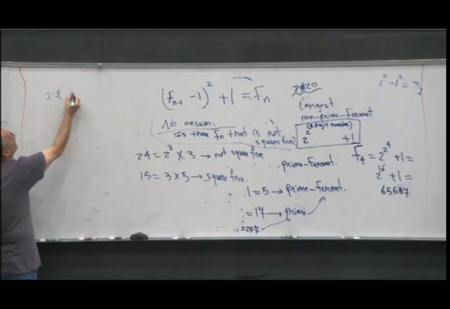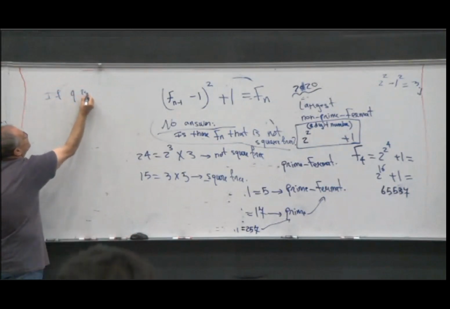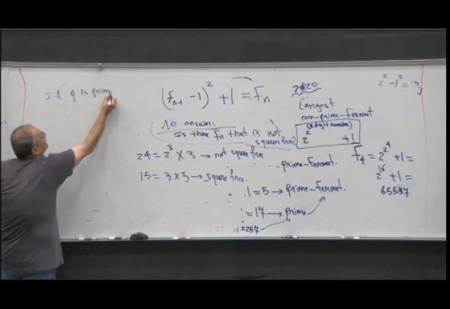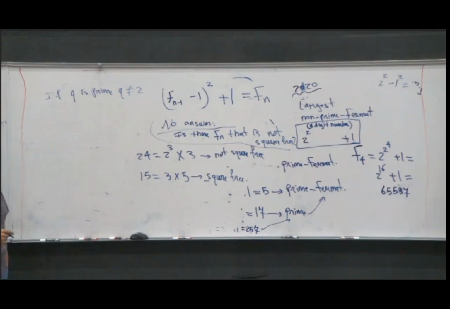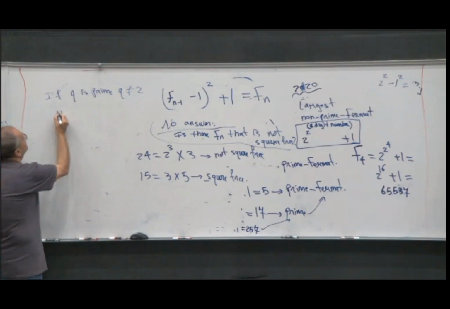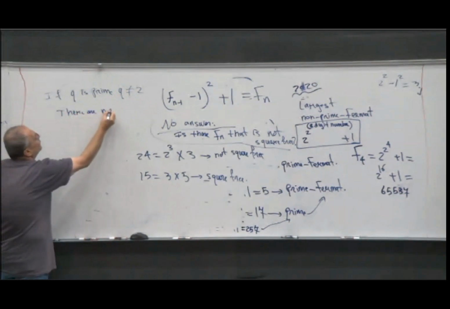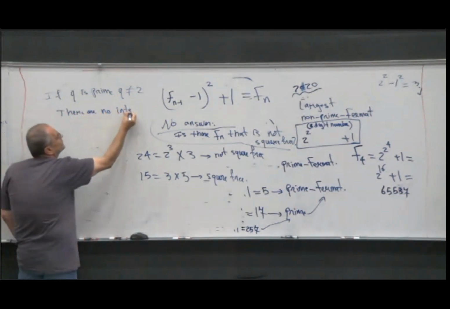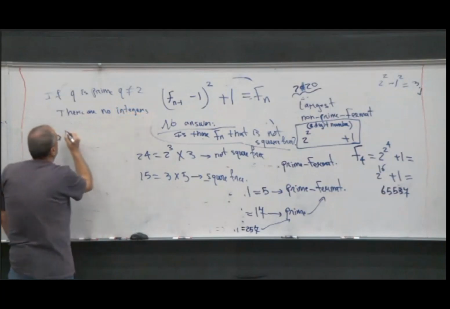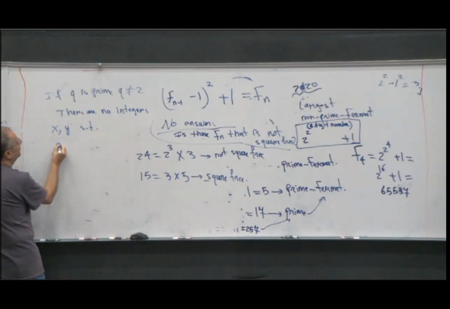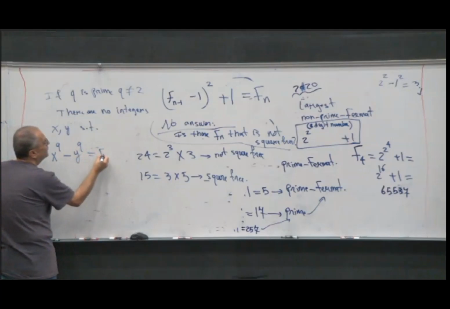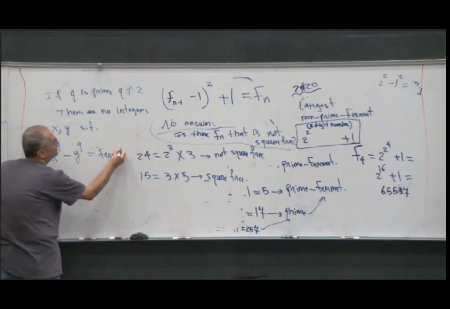If q is prime and q is not equal to 2, there are no integers x, y such that x to the q minus y to the q equals a Fermat prime, or prime Fermat.